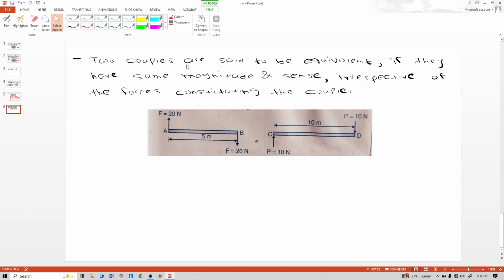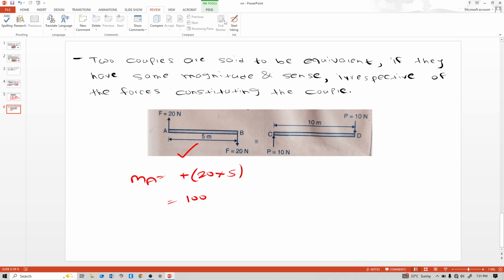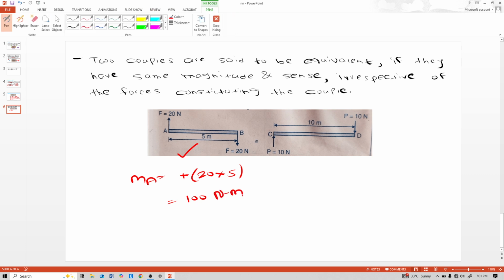So next is, two couples are said to be equivalent if they have the same magnitude and sense, irrespective of the forces constituting the couple. So the meaning of this statement is, see, if we take moment at point A here, it is like this, 20 into 5 clockwise, positive 20 into 5, it is 100 Newton meter, positive because of clockwise. And if we take moment at point C here, 10 into 10, it is again 100 Newton meter.